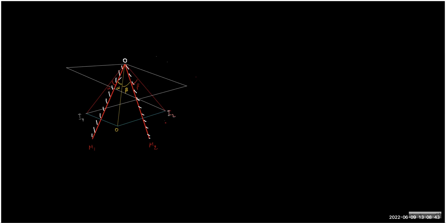If you look at the triangle, the next isosceles triangle is alpha plus 2 beta. And if you look at this isosceles triangle, it is 2 alpha plus beta. So now we got the next images, maybe I can say I2 dash and I1 dash.